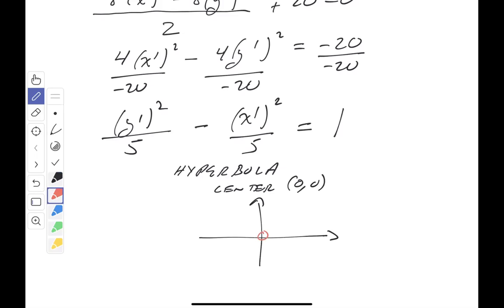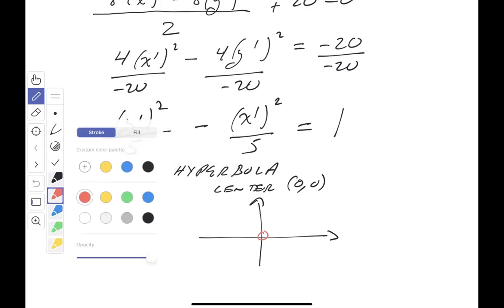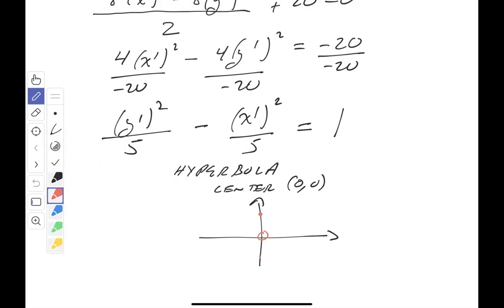It would be, let's see, the x would be 0, and the y would be plus or minus root 5. All right, let me keep going through that. I'm going to put vertices down now. Would be 0 for x, plus or minus root 5.